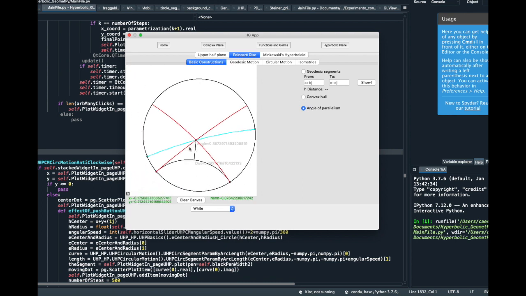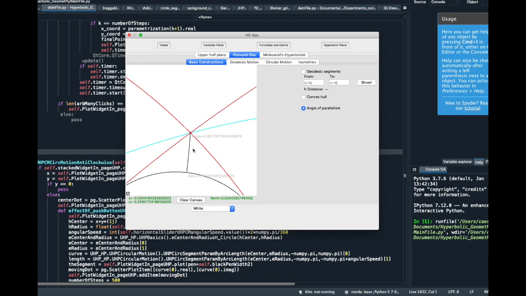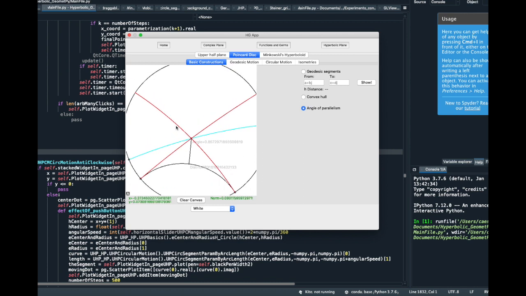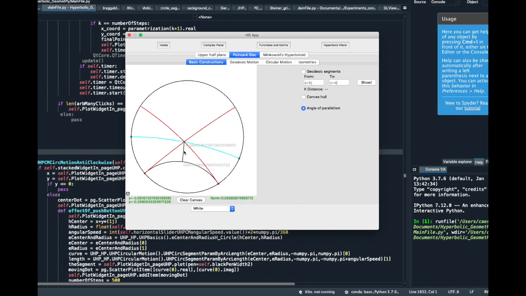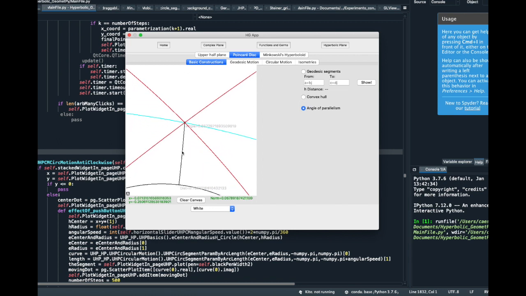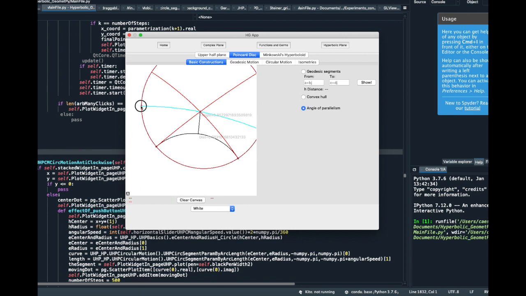So it seems that everything can be measured just like that. The range in which the parallel can run through can be measured if we measure this angle, which is half this angle, and of course this angle is just the complement of the angle where the parallels run through.